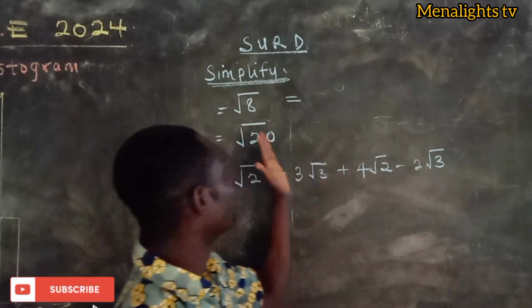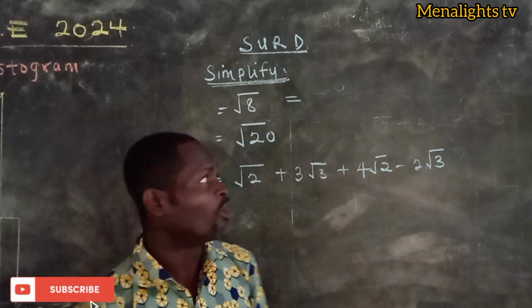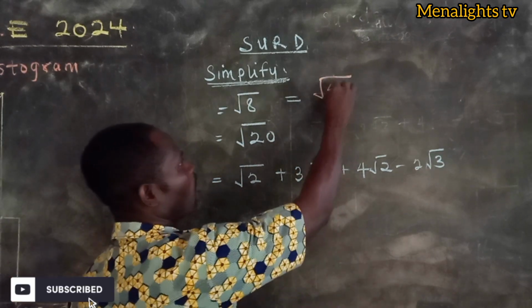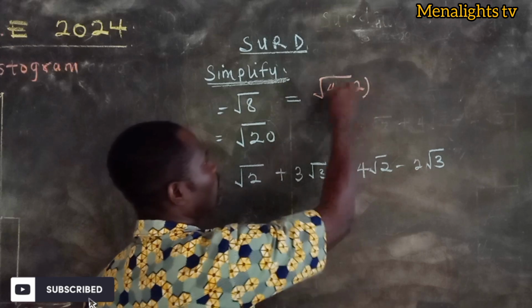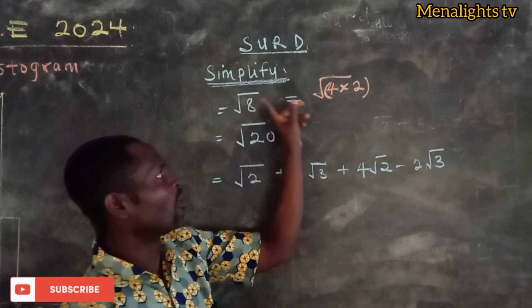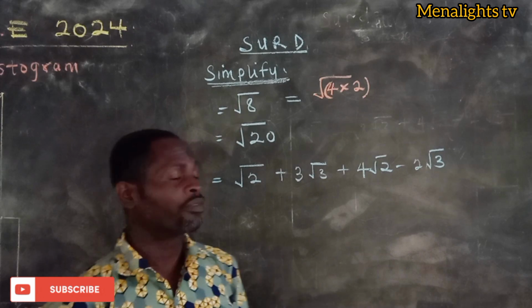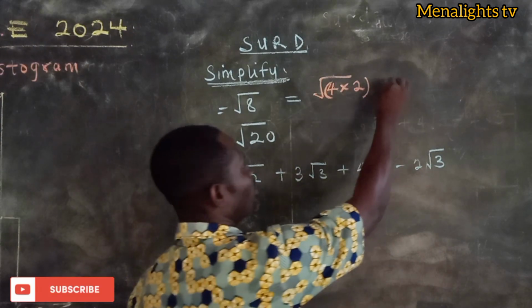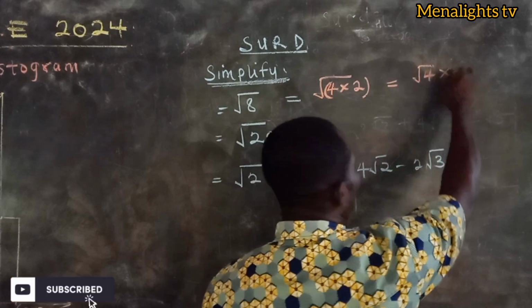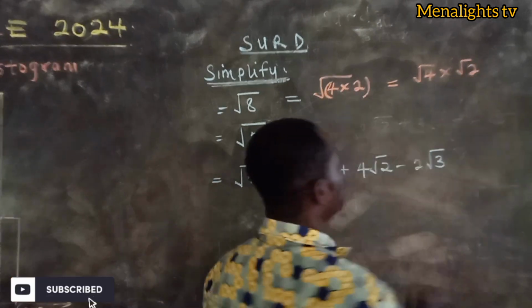When we are asked to simplify the root of 8, we know the root of 8 is the same as the root of 4 times 2. The 4 times 2 will give you 8. So this can be rewritten as root 4 times root 2.